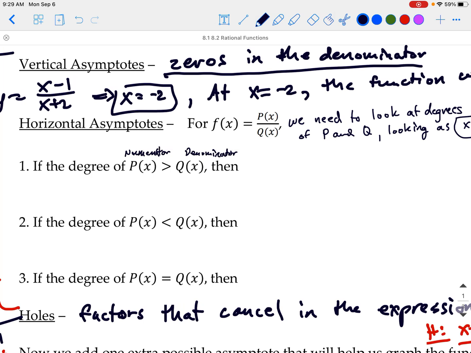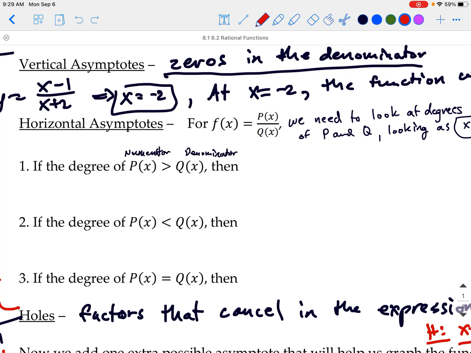So if we look at p of x being greater than q of x, well, if the numerator has a larger degree, is it going to get bigger or is it going to get smaller as we approach infinity?